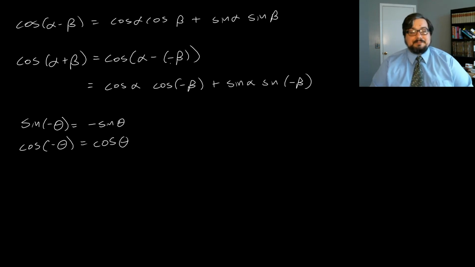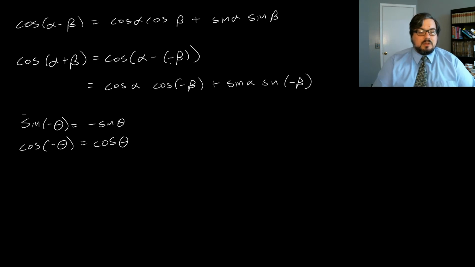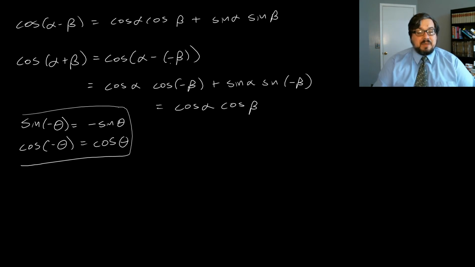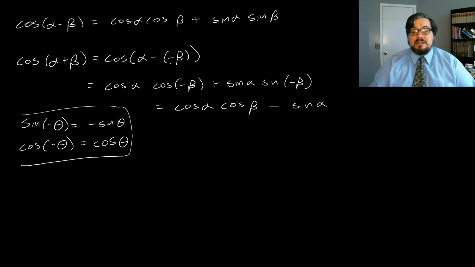So cosine of negative beta is just cosine of beta, but sine of negative beta will be negative sine of beta. So we pick up an extra negative one factor in this second term, which we can bring out to the front and make the operation in between a negative.